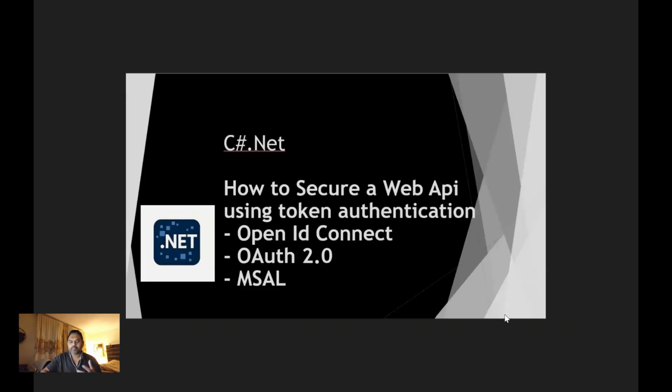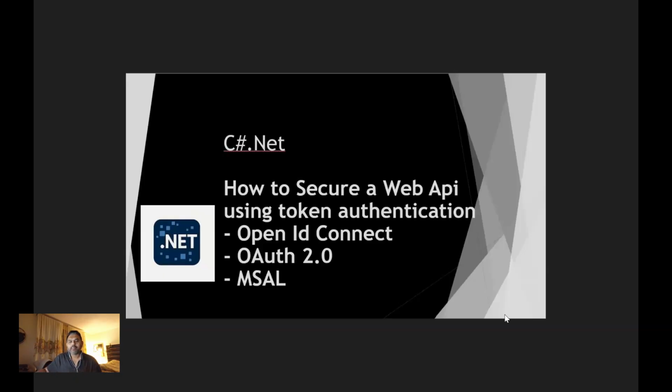For example, once you have the token, you can use it to call all the APIs that your application calls, and every time your API gets a request containing that token, it can validate the token against OpenID Connect to make sure this is a valid request.